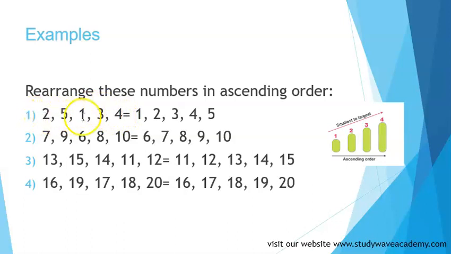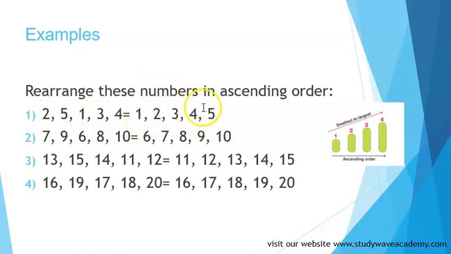Which number is the smallest number here? 1. That is correct. After 1 we have 2, after 2 we have 3, after 3 we have 4, and after 4 we have 5. So we have 1, 2, 3, 4, 5.